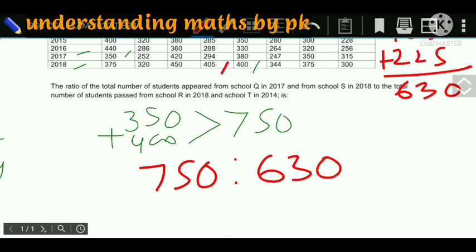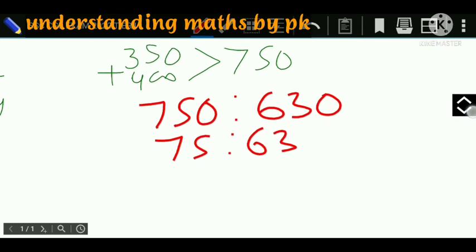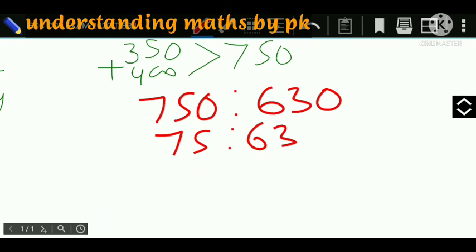Now 10 can be taken as common, so this will be 75 ratio 63. Now further common can be taken. 3 2s are 6, 3 1s are 3, 3 2s are 6 and 3 5s are 15.